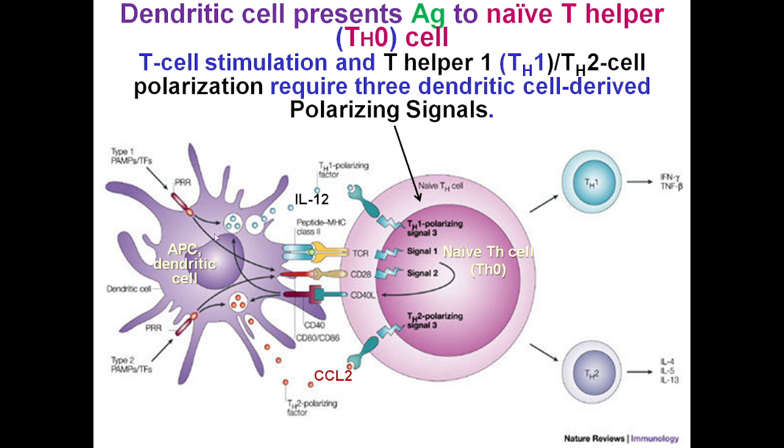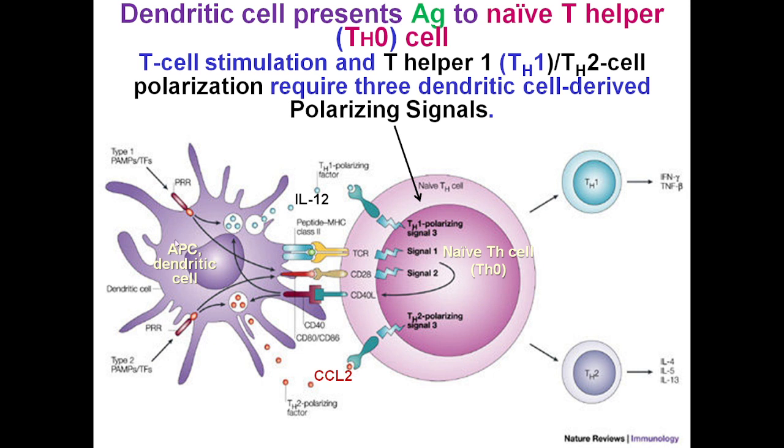If this dendritic cell, antigen presenting cell, due to the interaction with different cytokines, finally produces interleukin 12, this interleukin 12 will bind to the interleukin 12 receptor of the T helper cell, and the third signal, humoral signal, will initiate polarization of the naive T helper cell to T helper type 1.